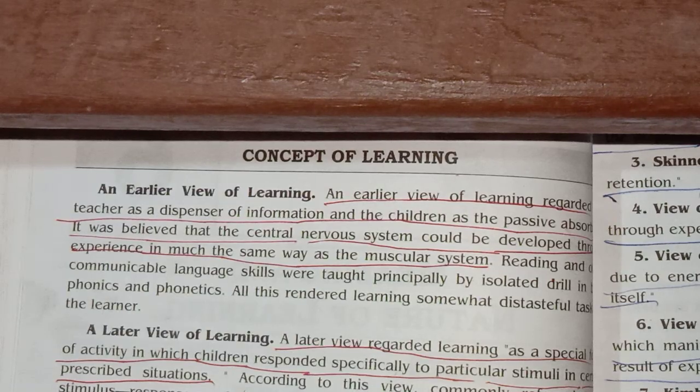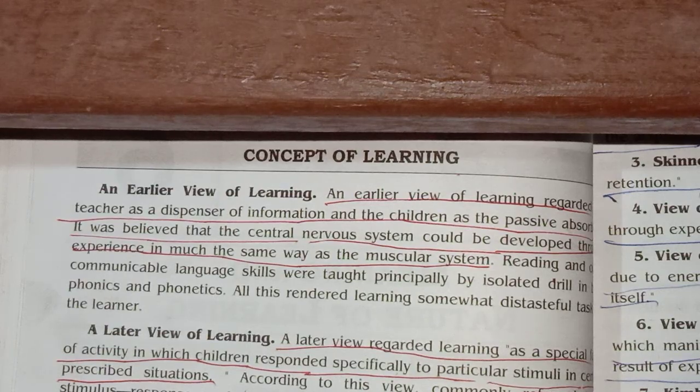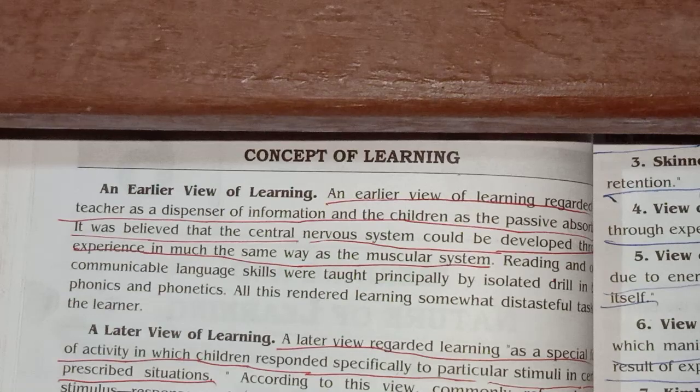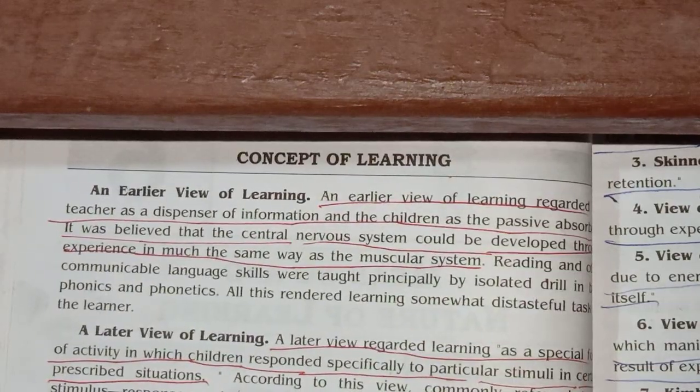The muscular system can be developed by daily exercise, daily physical experience. And it was thought that the central nervous system also could be developed by experience. That was the earlier view of learning.